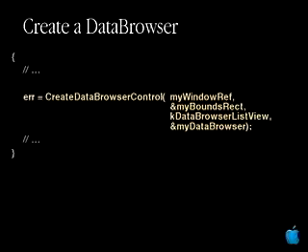Here's how you create a data browser. Now you notice it's not using new control. Control Manager is moving away from that model because, again, it's not type safe, and it's based on the notion of code resources, which are not supported in 10. So instead, we're moving towards unique, type-safe routines for everything you want to do.